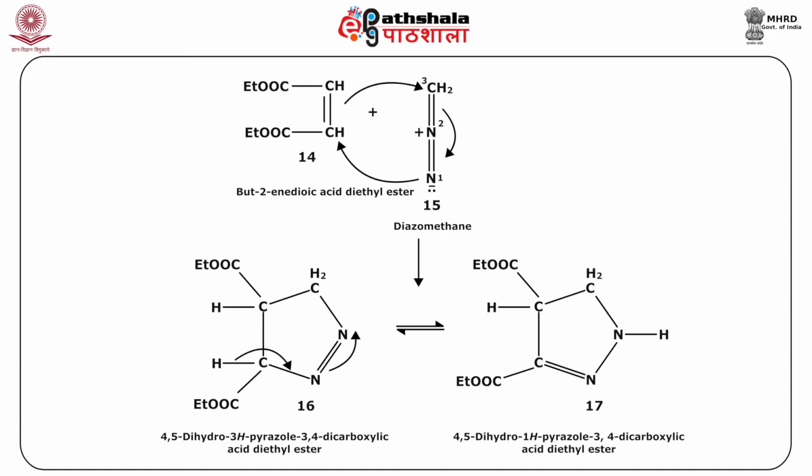In step 1, the activated alkene like but-2-enedioic acid diethyl ester reacts with diazomethane, as shown by the structure 15, at the 1 and 3 positions, forming the corresponding pyrazole derivative 4,5-dihydro-3H-pyrazole-3,4-dicarboxylic acid diethyl ester, given by the structure 16. This is an example of 1,3-dipolar cycloaddition reactions, as represented by the figure.